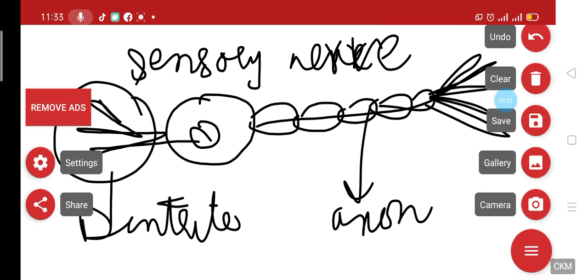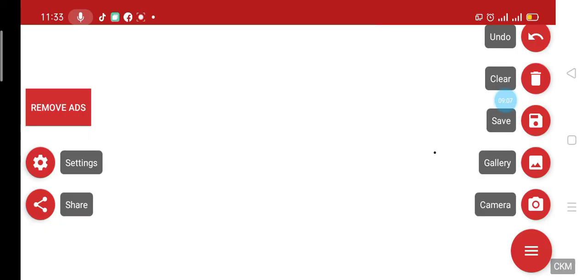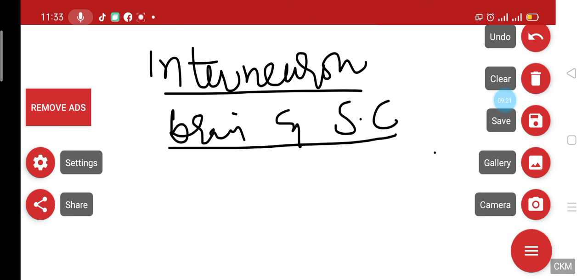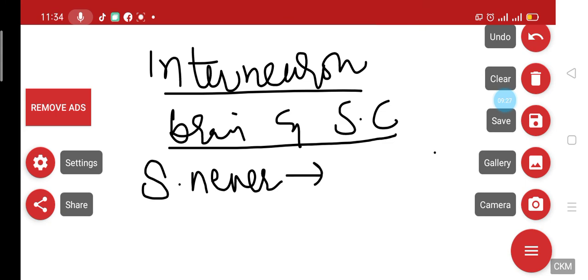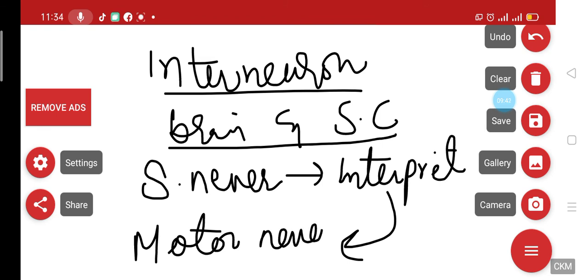The other type of nerve cell is the interneuron. The interneuron is present in the brain and the spinal cord. It receives the message from the sensory nerve, interprets it, and sends the message to the motor neuron or motor nerve.